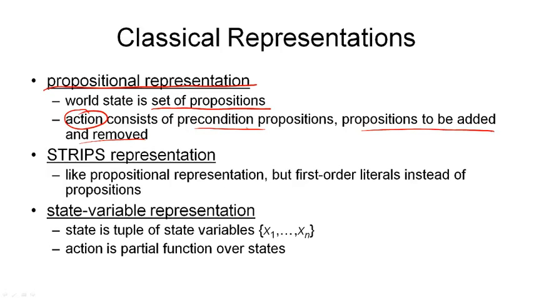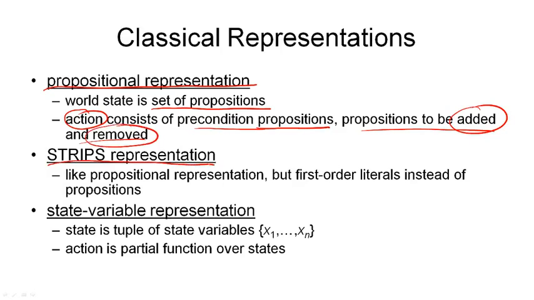Then we have precondition propositions, which means we don't have positive and negative propositions in the preconditions. Only positive propositions exist in this simple representation. And then we have negative and positive effects as before. These are symbols, not ground atoms. And I've also mentioned they are often called the add list and the delete list.